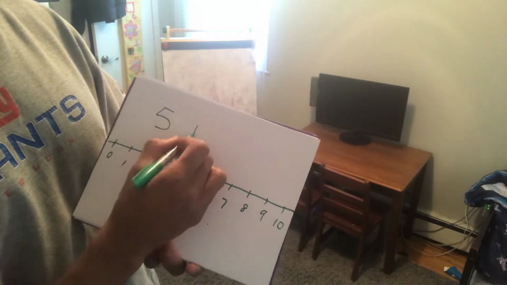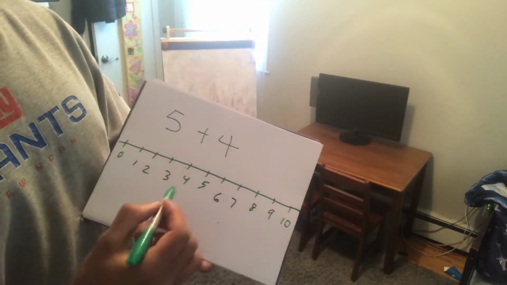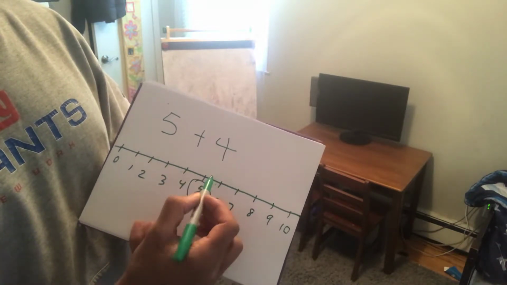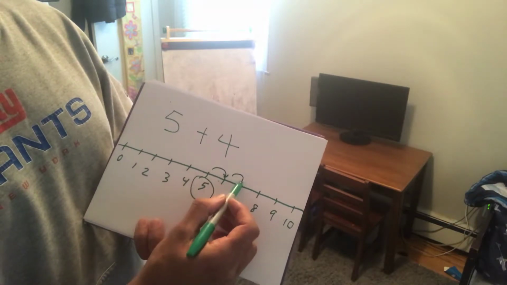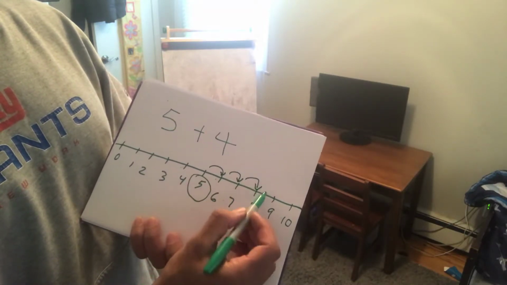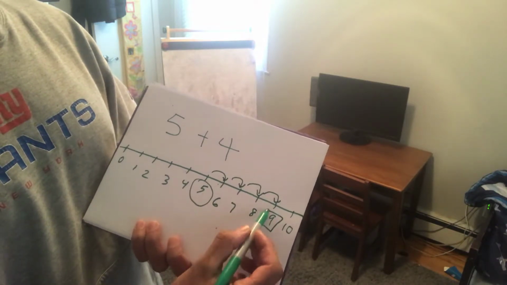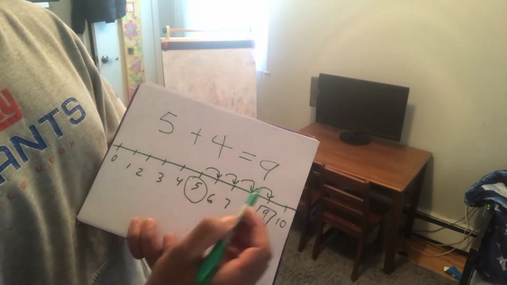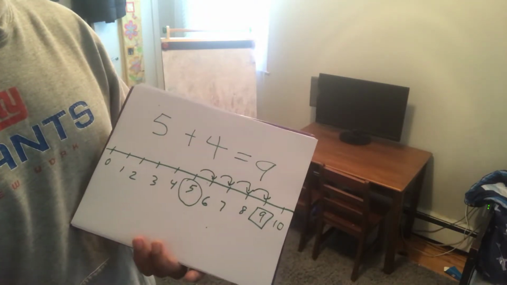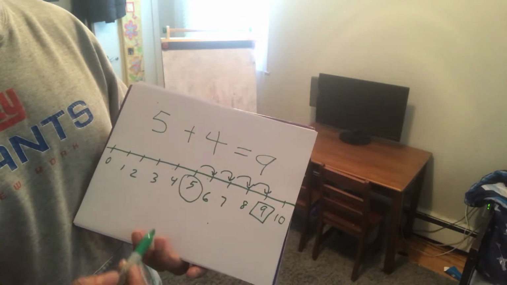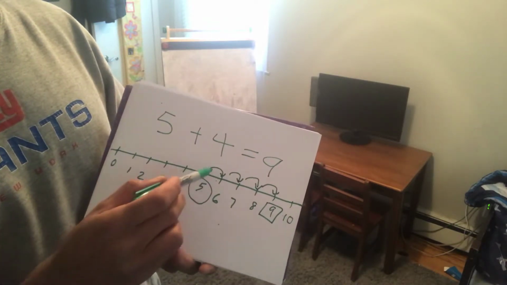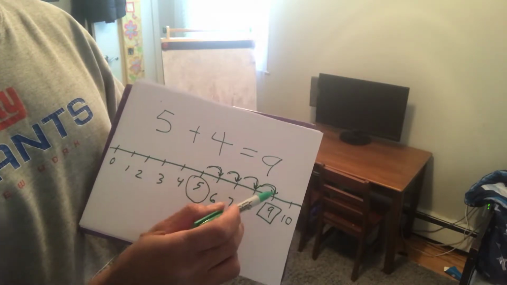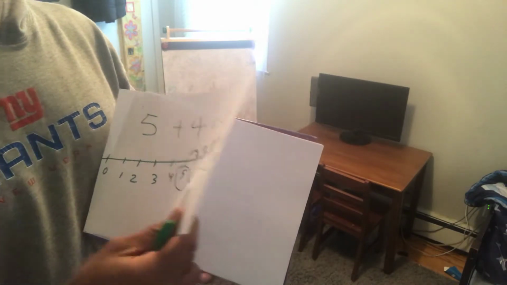I start at 5 and I go 4 spaces. 1, 2, 3, 4 spaces. And I get to 9. So 5 plus 4 is equal to 9, because you start at 5 and you go 1, 2, 3, 4 spaces, and you end up at 9.